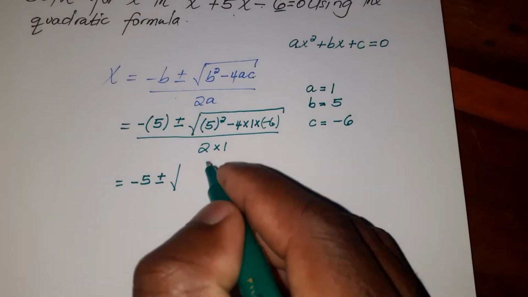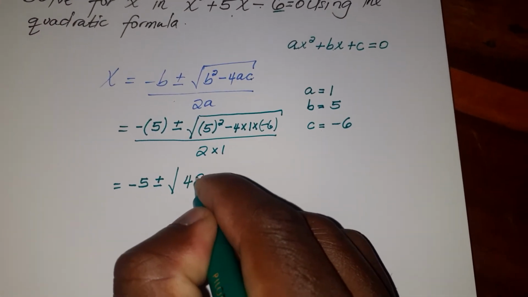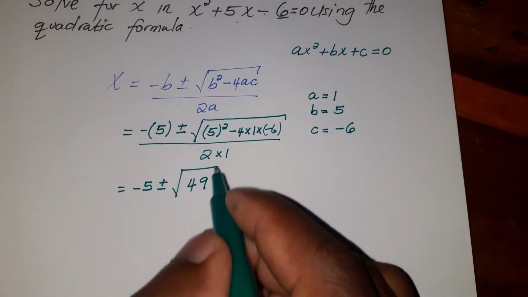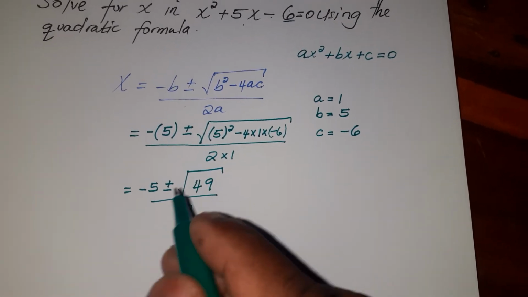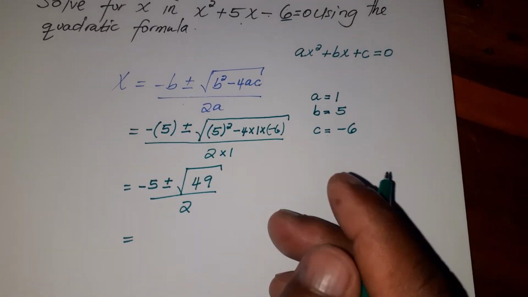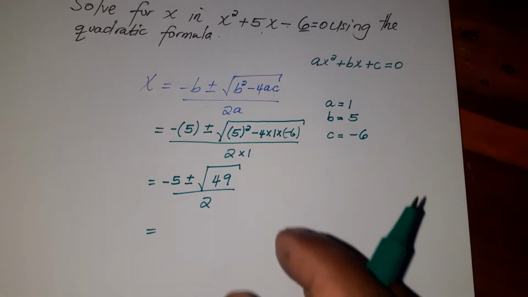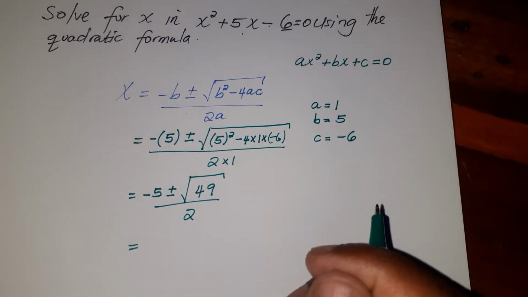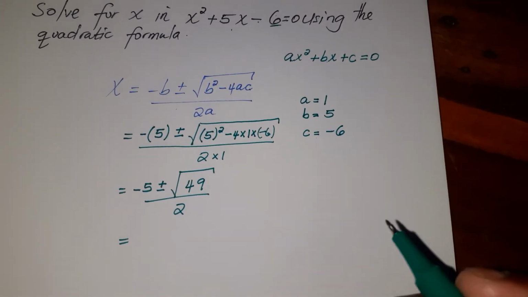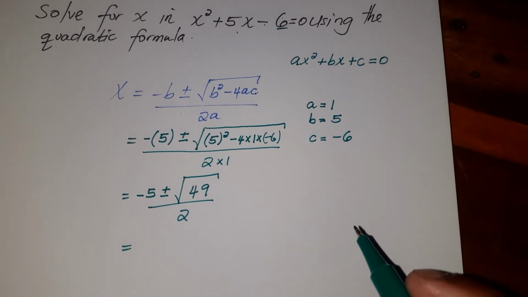So what is under the square root is actually 49, over 2 times 1, which is just 2. Now working with the quadratic formula, it's easy or better if you can work it step by step.